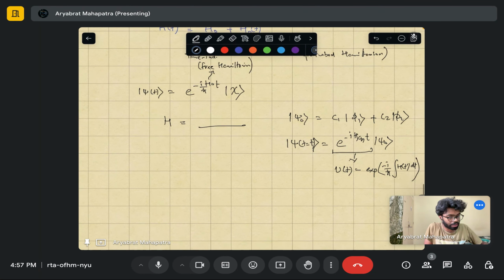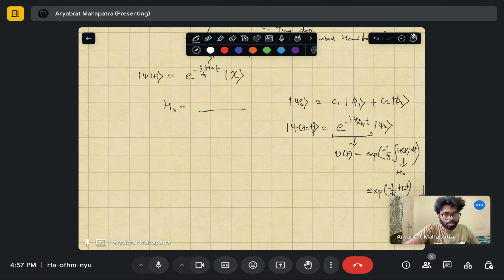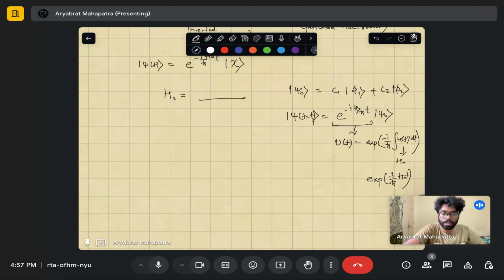Since when you have H of t prime to be H naught, time independent, then you can easily write exponential of minus i over h bar H naught t. So the evolution operator was very trivial and straightforward.